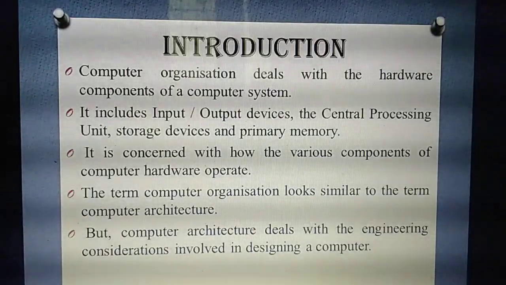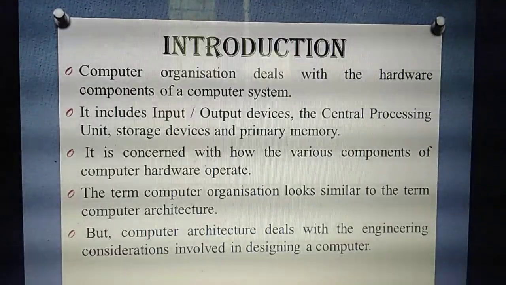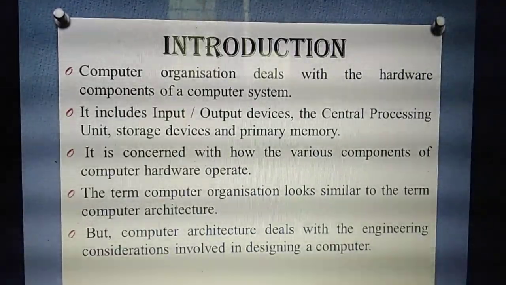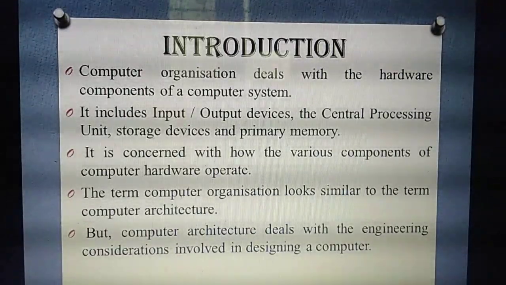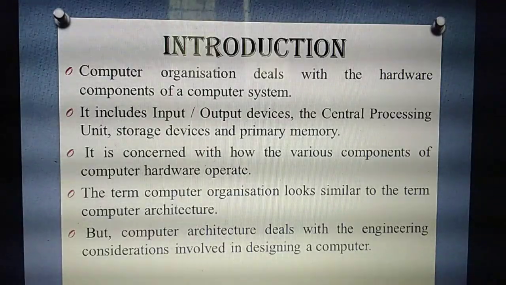Likewise, if you are going to build a house, a civil engineer will first draw a good plan for it. Likewise, for the computer organization and components to work properly, they need a particular architecture, which is called computer architecture.